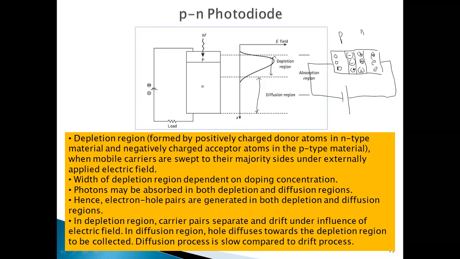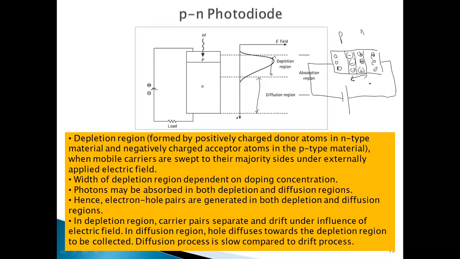So that should be your depletion region, which is a negative charge at the P material and positive charge in the N material. So this is what we have learned previously in part 2. I just repeat it in case you forget about this depletion region formation.